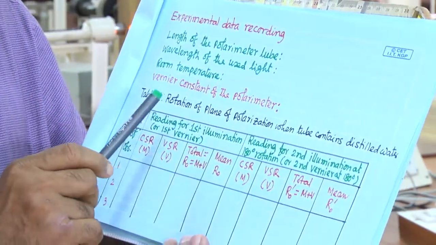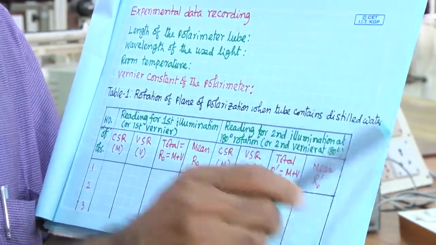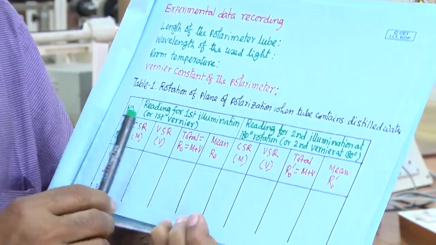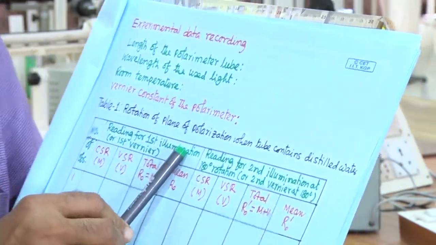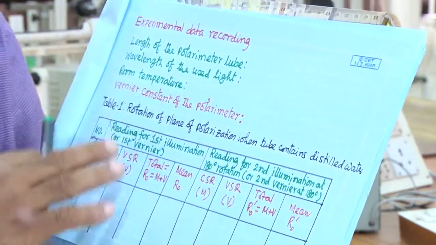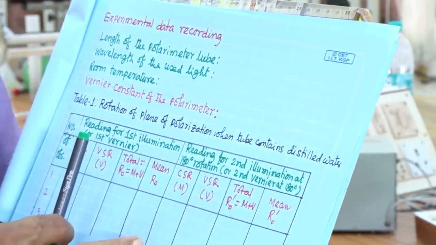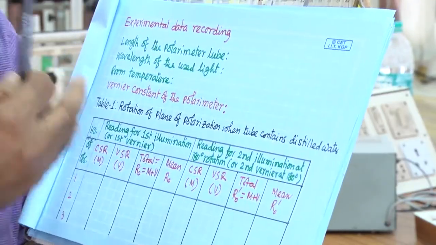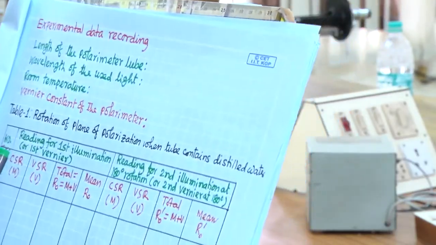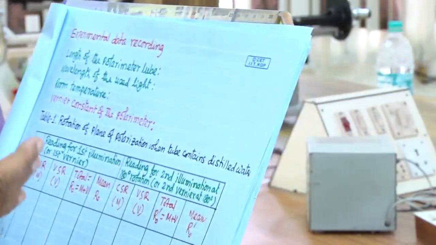Then a table: rotation of the plane of polarization when the tube contains distilled water, reading for uniform illumination. In some polarimeters there are 2 verniers, in some 1 vernier. There will be 4 uniform illuminations, but you can take readings for 2.